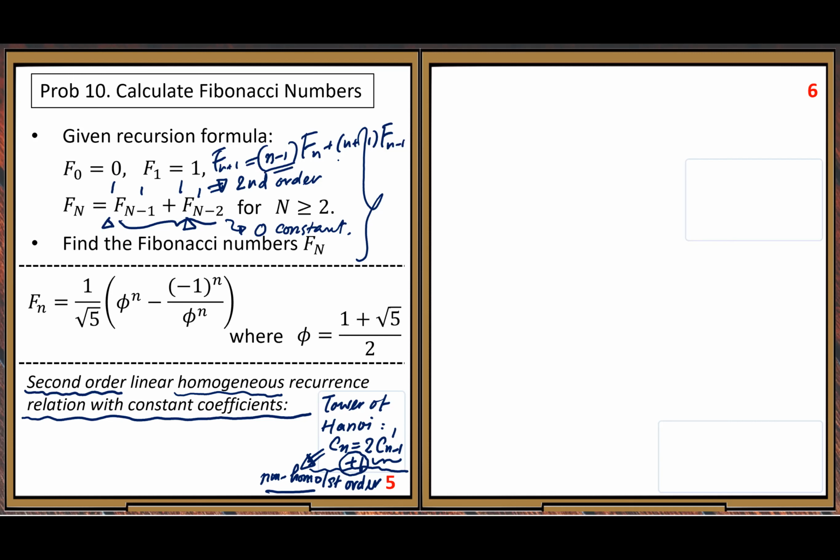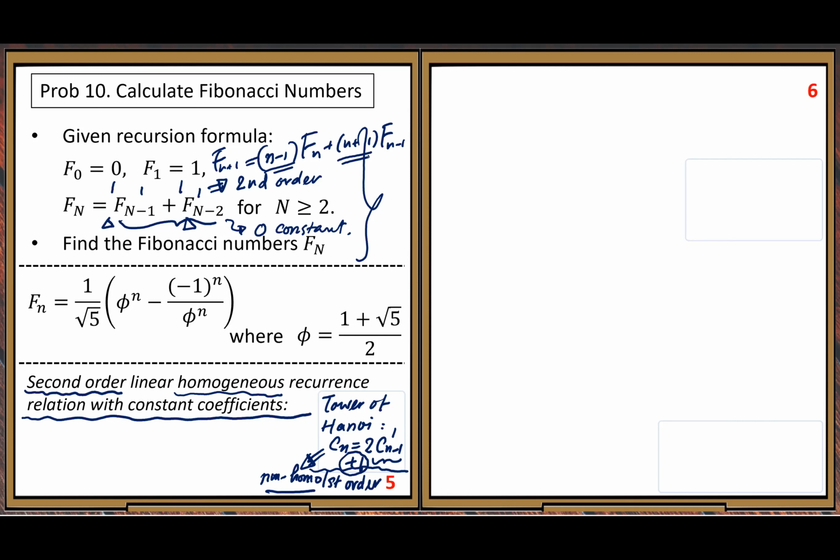That is a non-constant coefficient. But here, both coefficients are 1. So in order to cover all the properties for this type of equation, we give this long name.